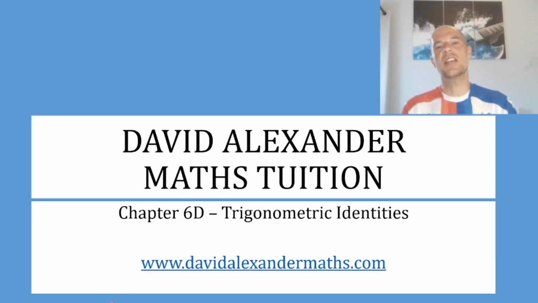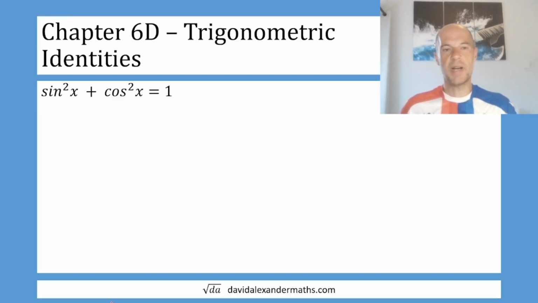This is chapter 6D on trigonometric identities. So we should all by now hopefully be very familiar with sine squared plus cos squared equals 1. Now if we were to divide this whole equation by sine squared x, sine squared divided by sine squared is 1. Cos divided by sine is cot.